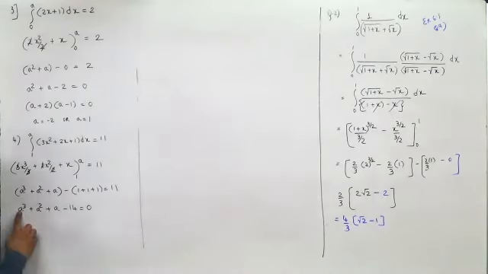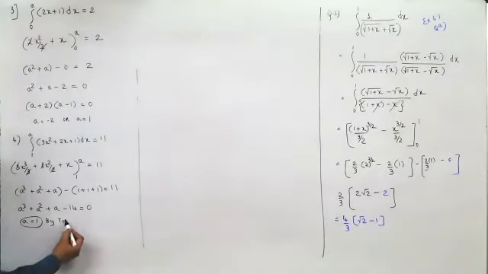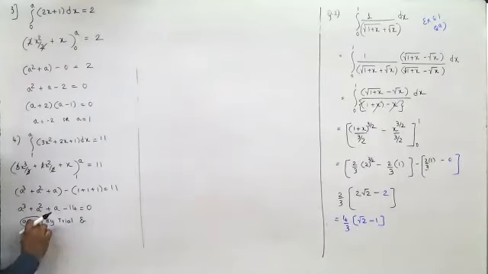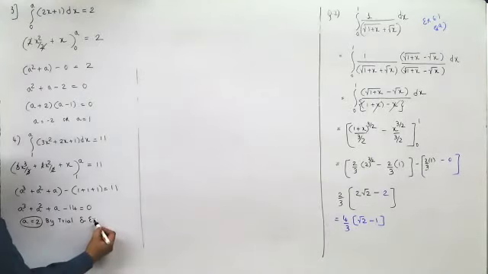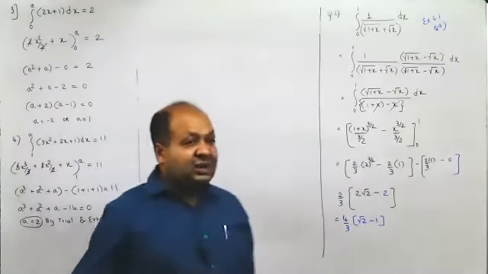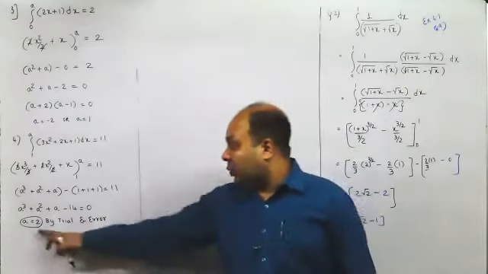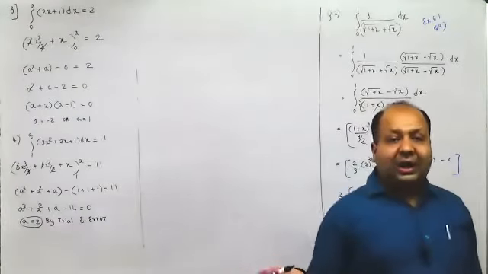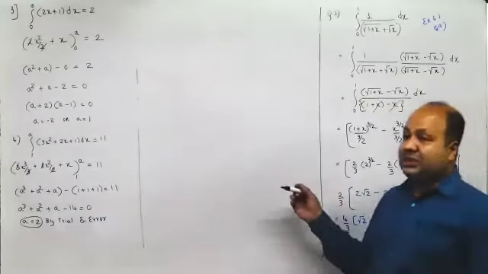Now, here if you observe, 2 cube is 8, 8 plus 4 is 12, 12 plus 2 is 14, 14 minus 14 is 0. So, a equal to 1 is the first root by trial and error. Sorry, a equal to 2. Once I get the first root here, I'll find the other root by dividing this polynomial by a minus 2 equal to 0, or I'll take synthetic division.